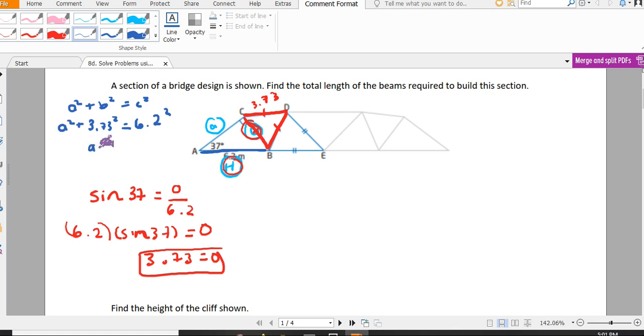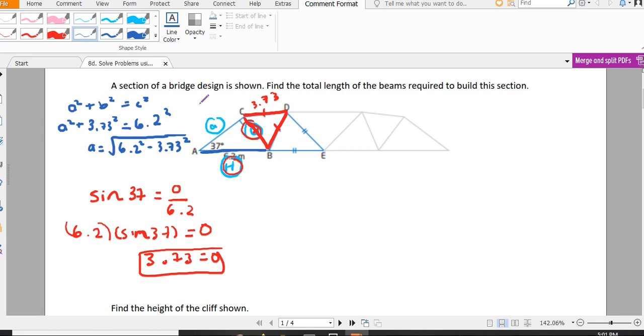Our job is to find out what a is. So a would just equal the square root of 6.2 squared minus 3.73 squared. Clearly I skipped a couple steps: I moved that to the other side and then square rooted the entire thing. This is just solving using Pythagoras' theorem.